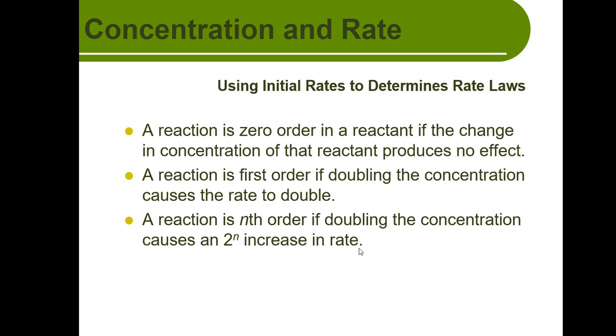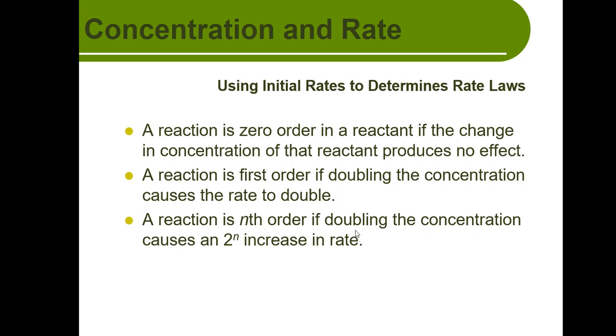If it will be 4 times, the rate will be 4 raised to n of the concentration that has been multiplied 4 times, then the reaction is nth order to that particular component in your reaction mixture.